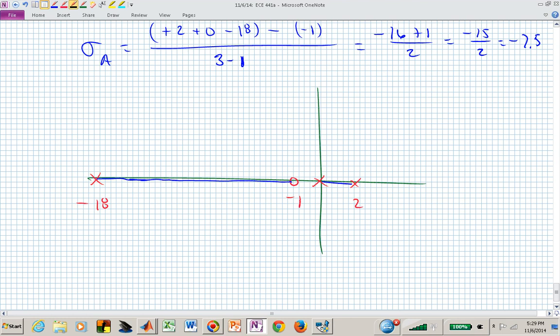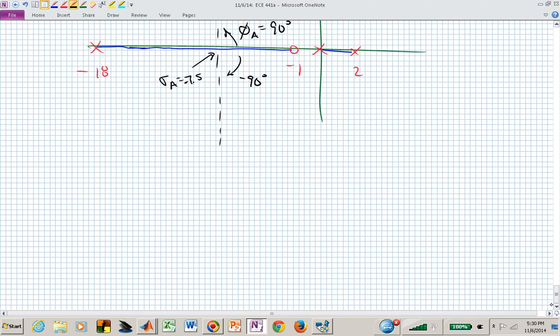And because of that, our asymptotes are centered now at minus 7.5, which is a little further into the left half plane. Whoops. I've been calling that phi, so let's call that phi sub A of 90 degrees and minus 90 degrees.